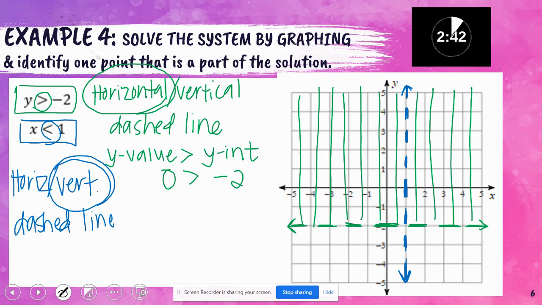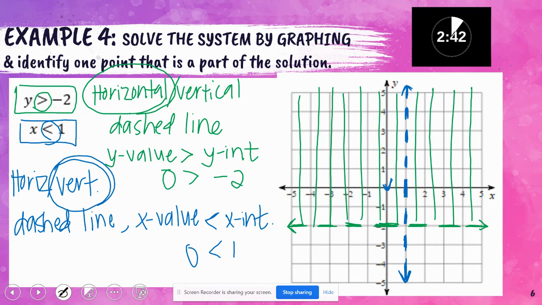And then we have to determine which way to shade. So again, we want to find an x value that is less than the x-intercept that we just graphed right there. And our x-intercept, remember, is 1. So find any x value that is smaller than 1. Again, 0 will work just fine.